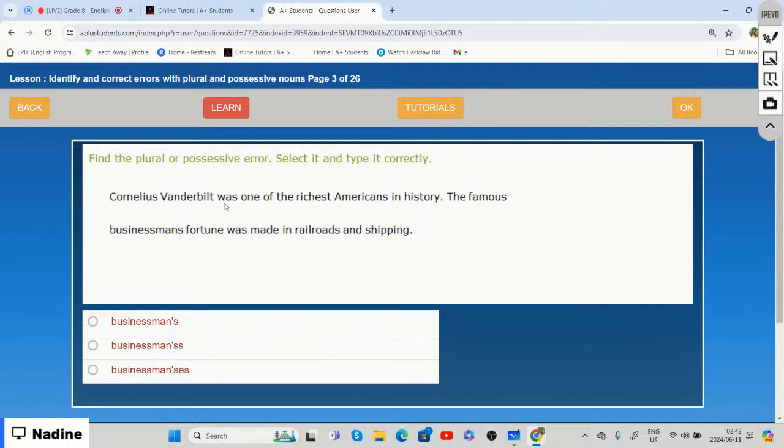The famous businessman's fortune was made in railroads and shipping.